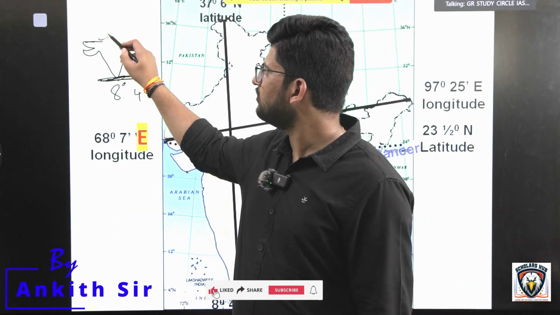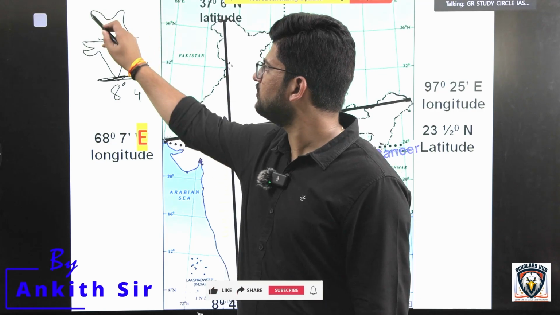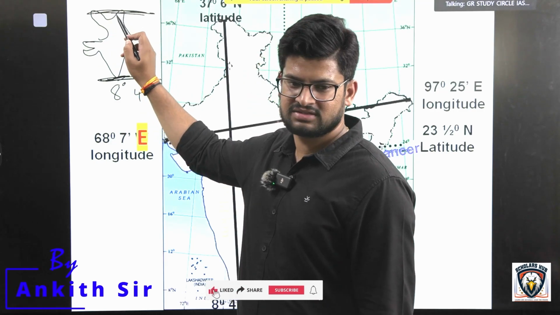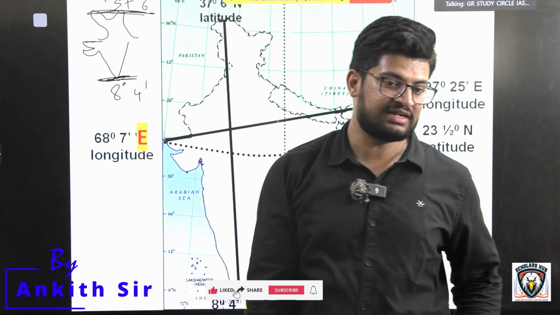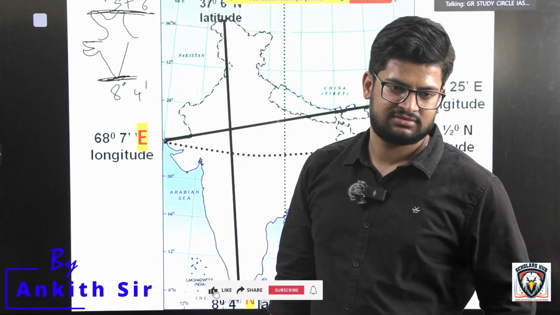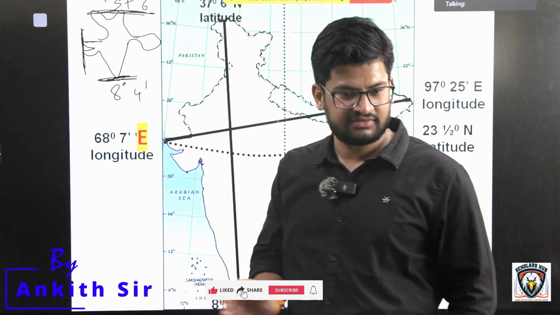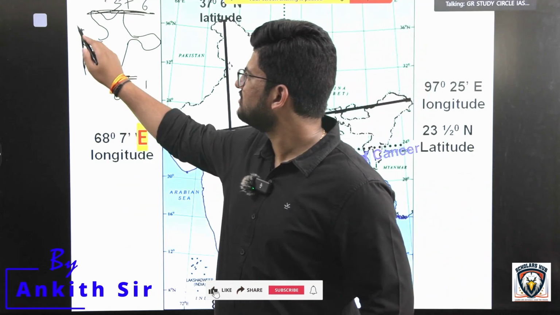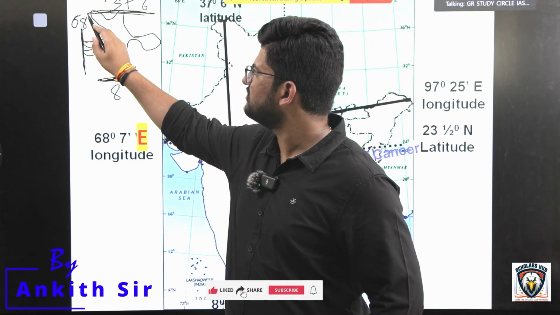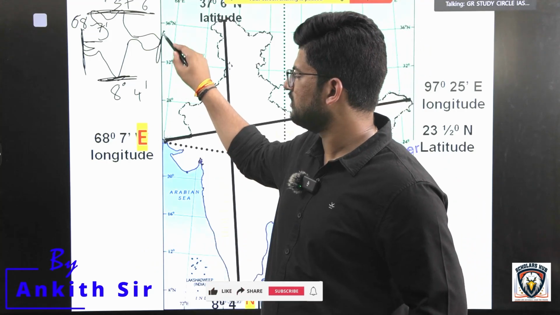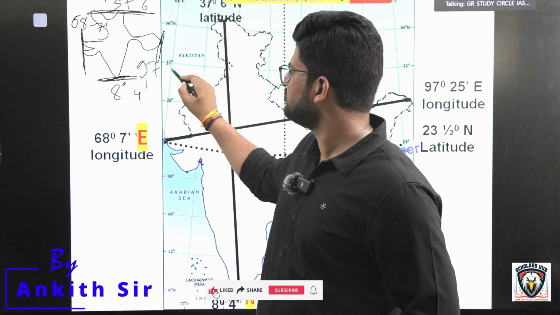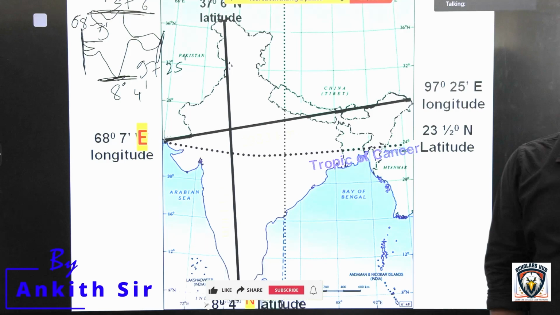In the north, the latitude is 37 degrees 6 minutes. On the west it is 68 degrees 7 minutes, and on the east, 97 degrees 25 minutes is the eastern longitude of India.